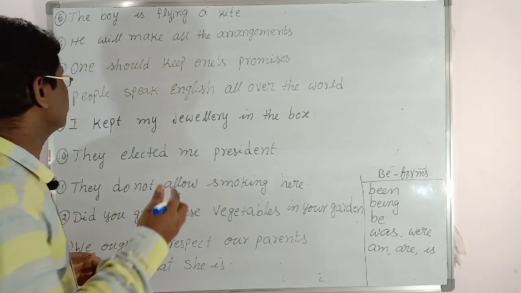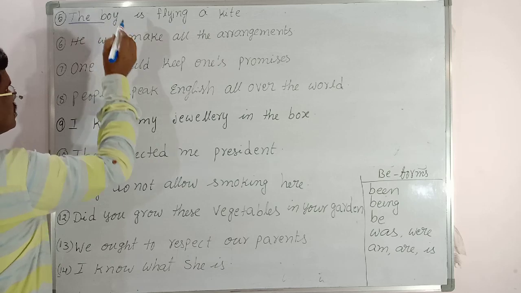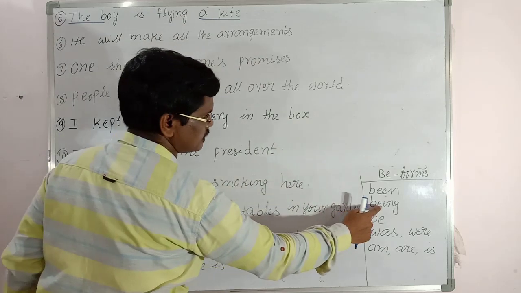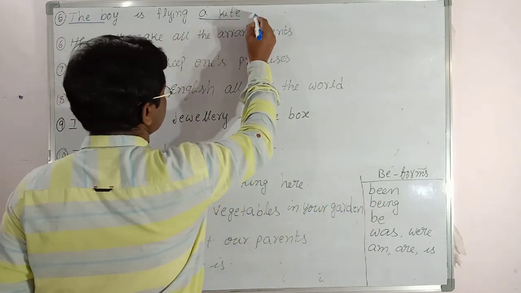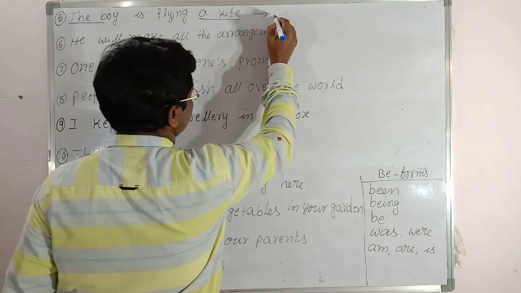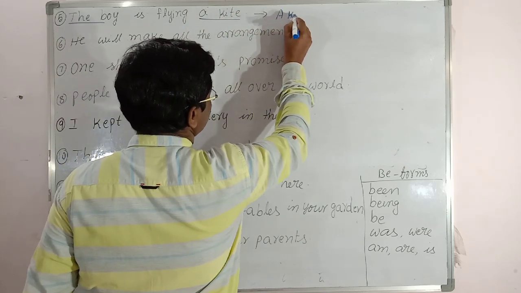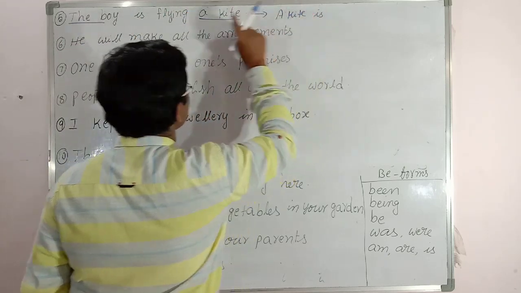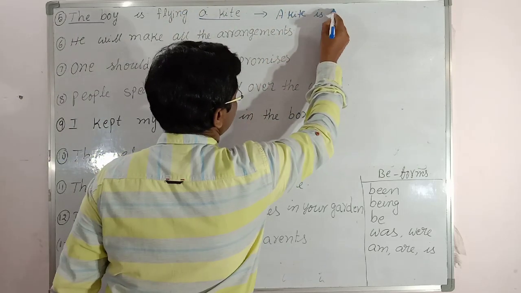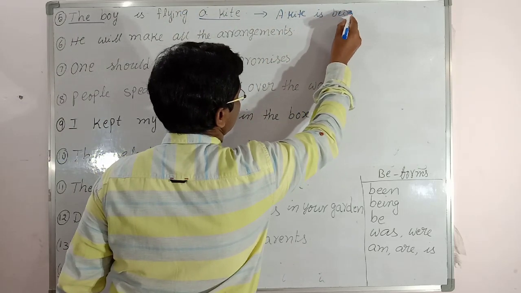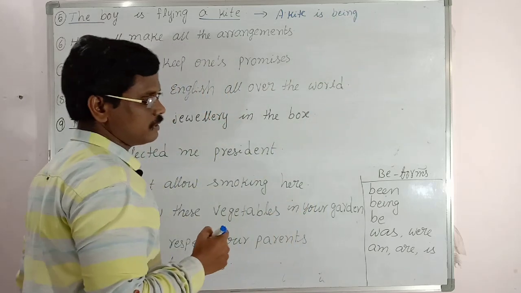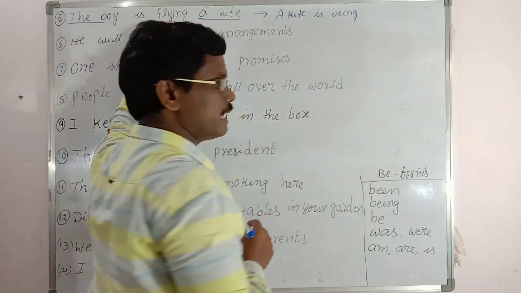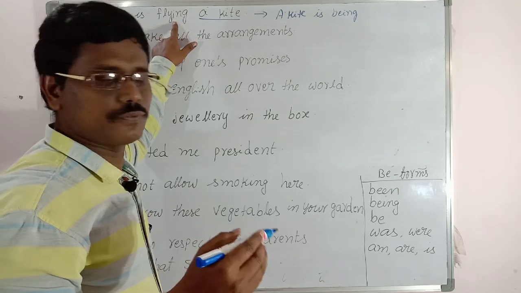Now see another example. The boy, subject. A kite, object. Verb 1 ing form. Verb 1 ing form means being. So the correct answer is first, a kite, object. A kite is, for kite also we use is. Verb 1 ing form, that is being. We use being. Verb 1 ing form changes to verb 3, that is fly, flew, flown.